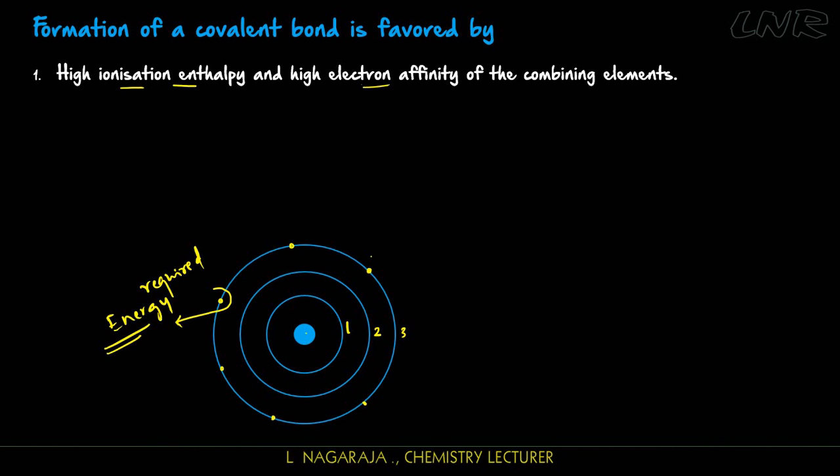The amount of energy change when an electron is added to the atom is called electron affinity, or it is also defined as the amount of energy released when an electron is added to the atom. For example, let us say we have one extra electron, and that electron is added to the valence shell of the neutral atom.